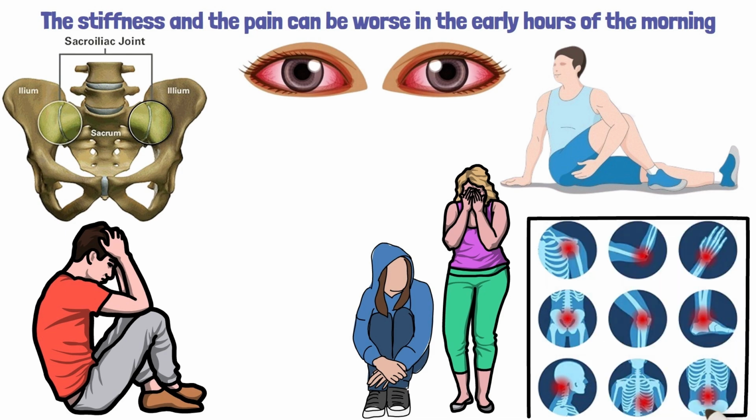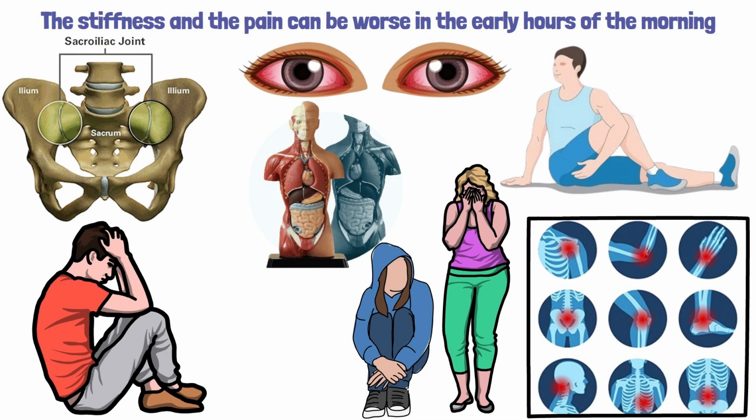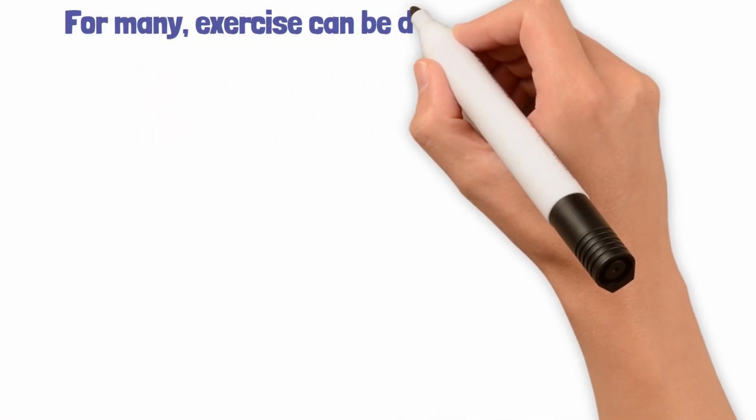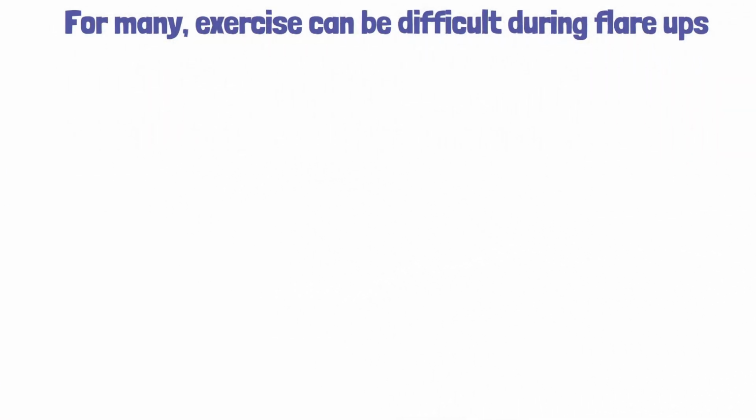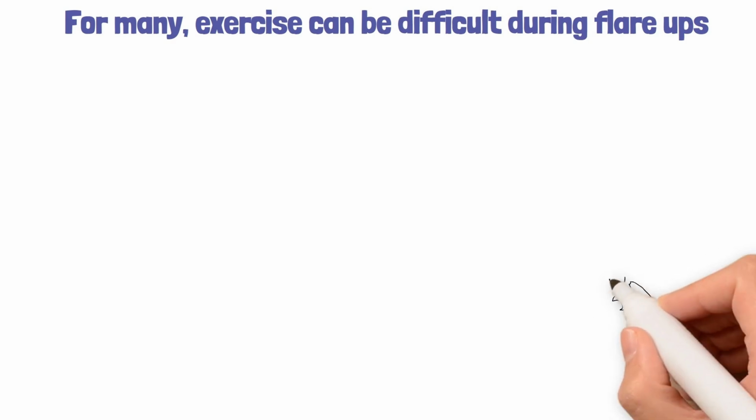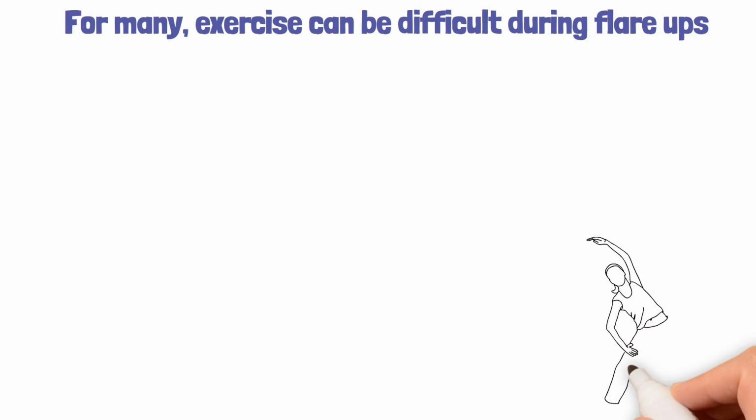AS is also linked to inflammation at the points where the tendons attach to the bones, a condition called enthesitis. This can lead to inflammation of the Achilles tendon or at the plantar fascia underneath the foot. For many, exercise can be difficult during flare-ups as it worsens the pain. However, regular stretching and physical activity are essential parts in managing AS and maintaining flexibility.